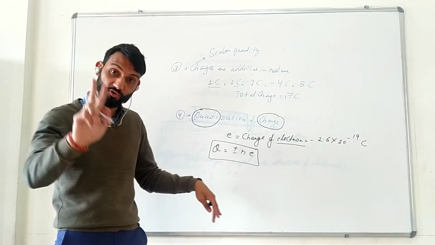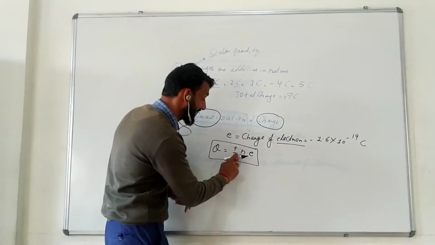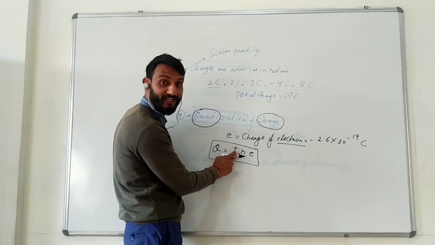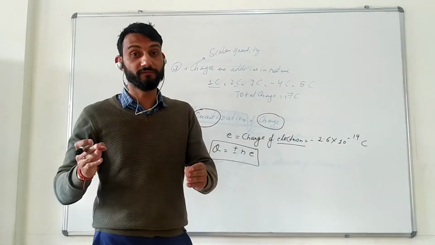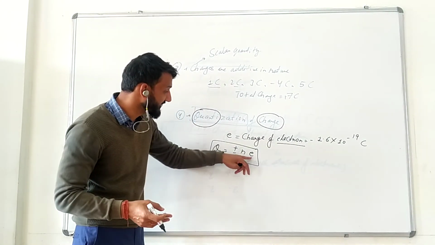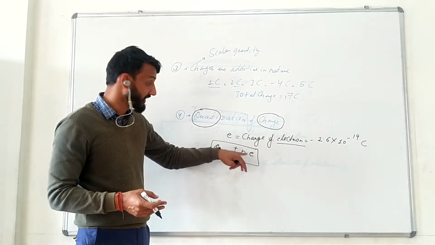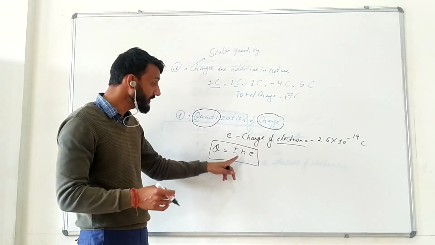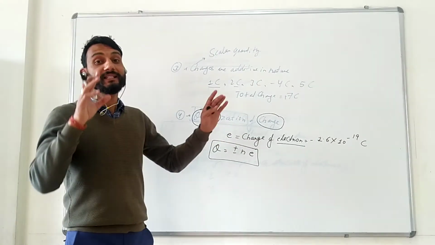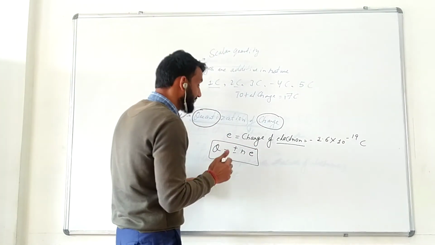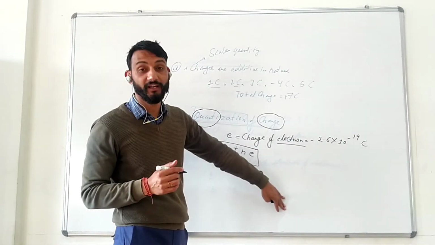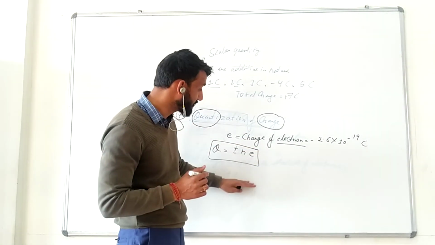What does it mean? It means two things. Number one, no charge will be smaller than this charge, because we have to have an integer here. Any charge is possible which is an integral multiple of this charge, like 1e, 2e, 3e, 4e and so on. Second, whenever an electron is transferred from one body to the other, it goes completely from one body to the other.